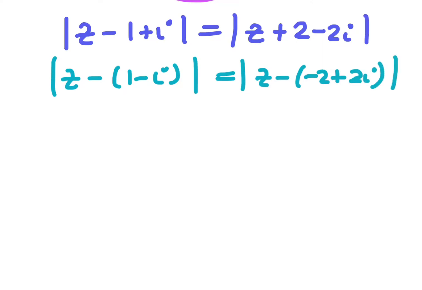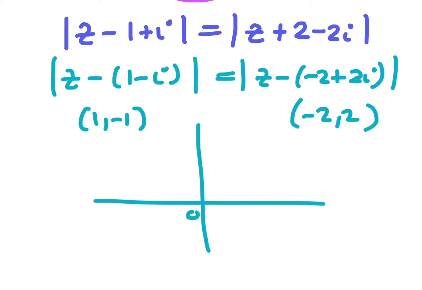Okay, they're the same thing. So this point here is (1, -1), and this point here is (-2, 2). So if you go 1, -1, that's there, and -2, 2, that's there. So if you want to find the line that is halfway between those 2 points, and then perpendicular to it.